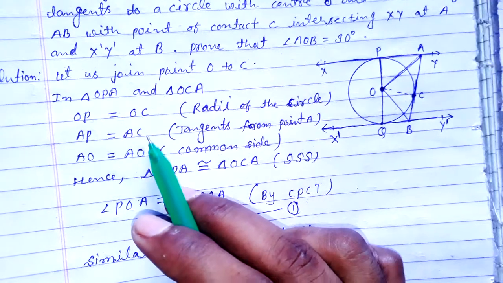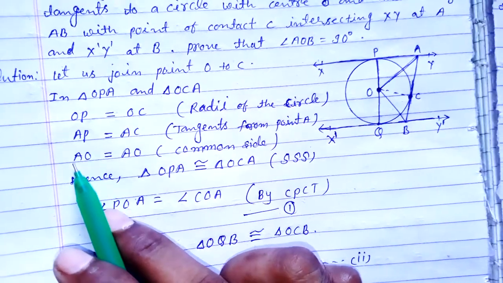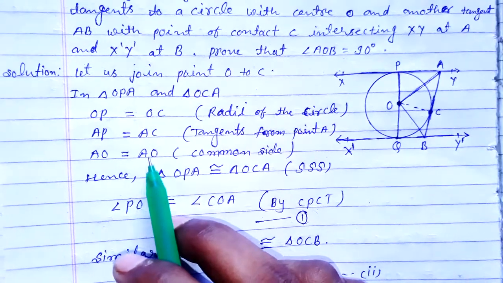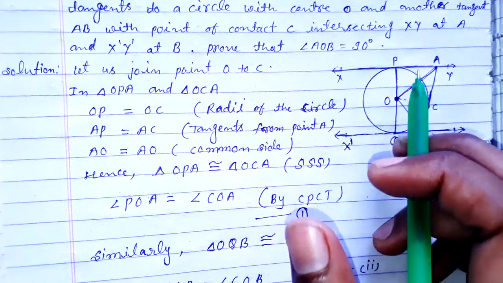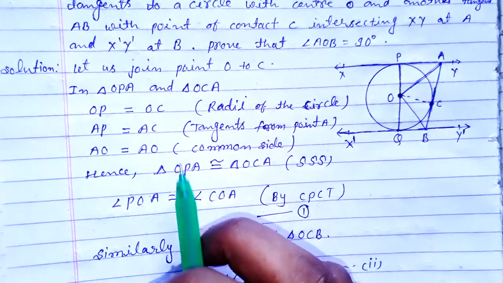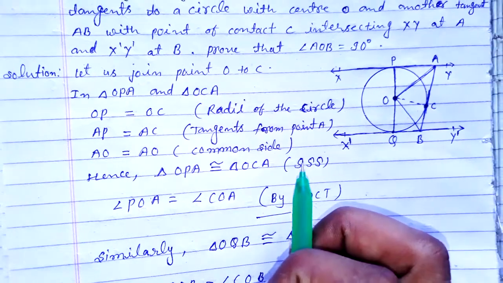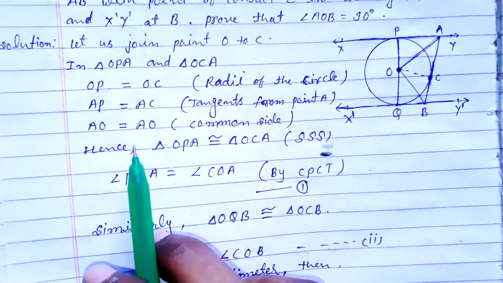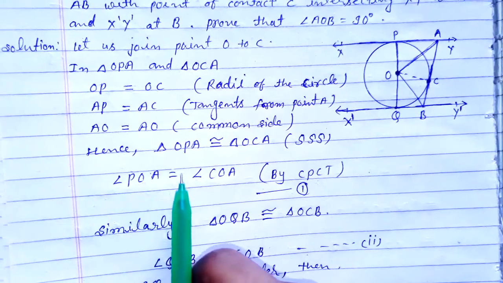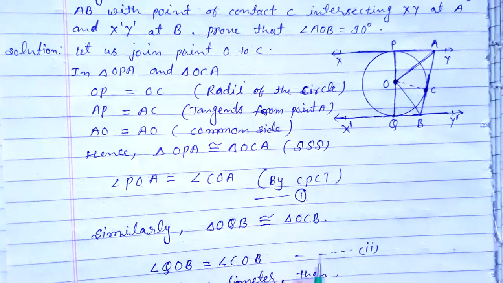AP is equal to AC, these being tangents from point A. AO is equal to AO, the common side. Hence triangle OPA is congruent to triangle OCA by SSS congruency. So angle POA is equal to angle COA by CPCT. This is the first equation.